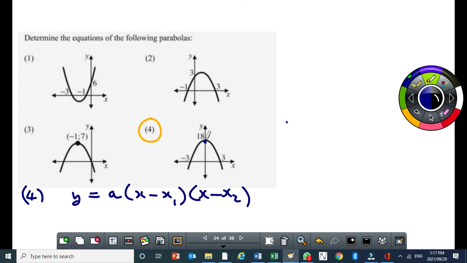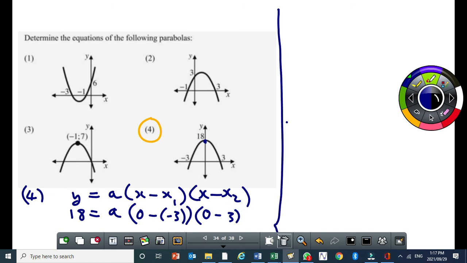So to calculate a, I need to substitute the value for y, which is 18. Then where there is x, I'll put the value of x, which is 0. x1, I'll put minus 3. x2, I'll put 3. Where there is x there, I'll put 0 as well. Alright? Are you following that? Then I need to simplify this. Now, I'm sure you can see that the graph has got a sad face.